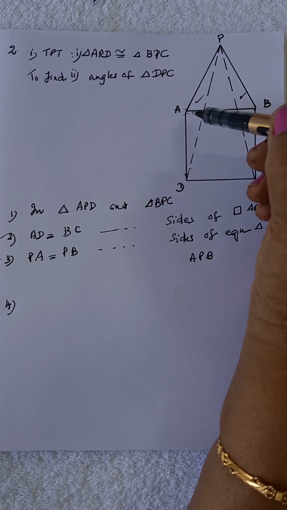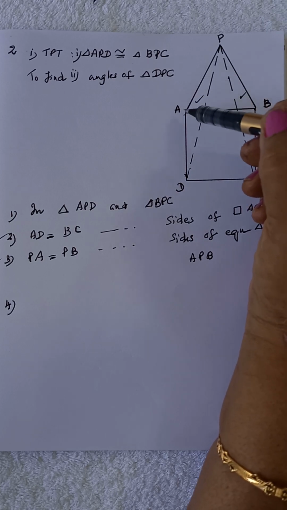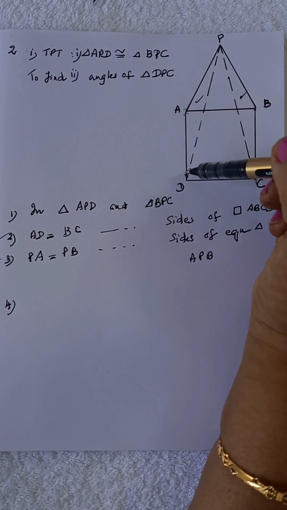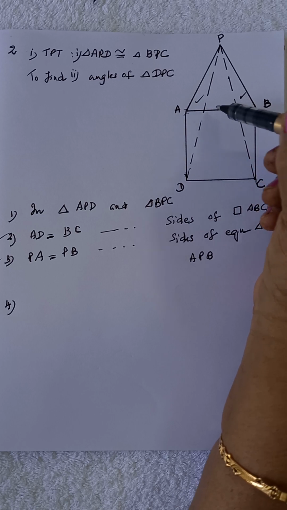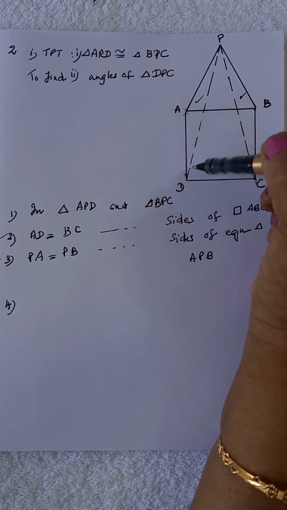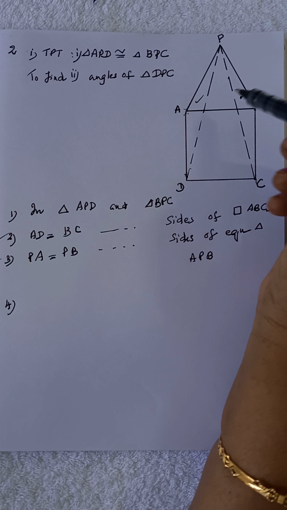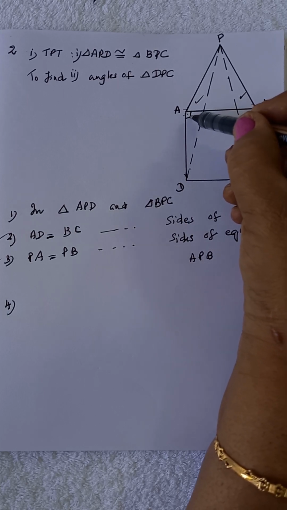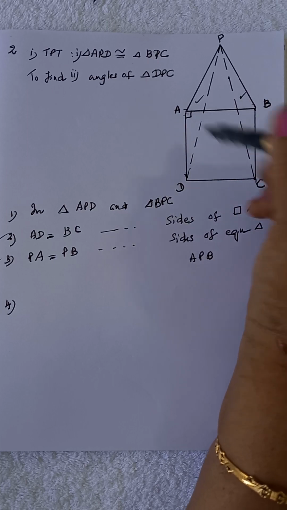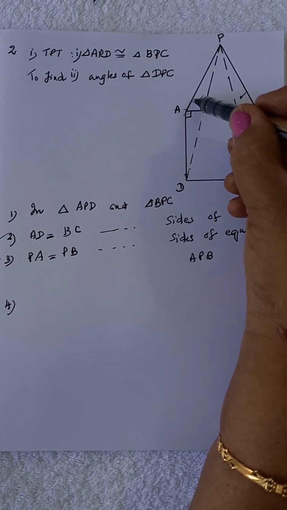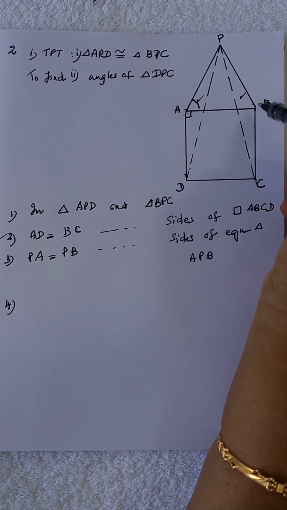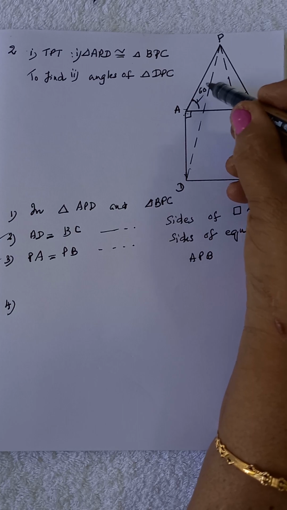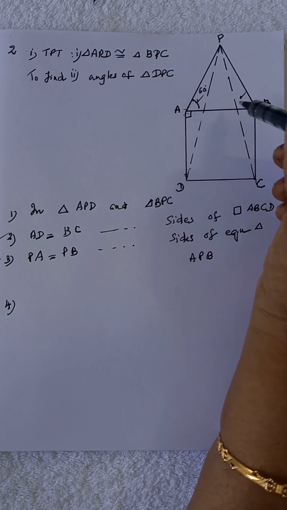Now we want to get one more part. So we can take the angle PAD. What is angle PAD? That is angle BAD plus angle PAB. What is angle BAD? This is 90 degree because this is angle of this square ABCD. Again this is PAB, that is equilateral triangle. So each angle is 60 degree and all sides are of equal length.